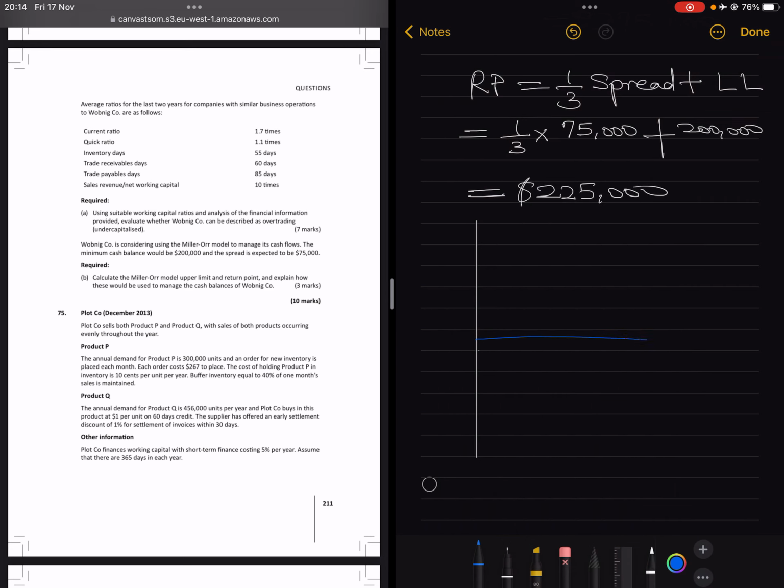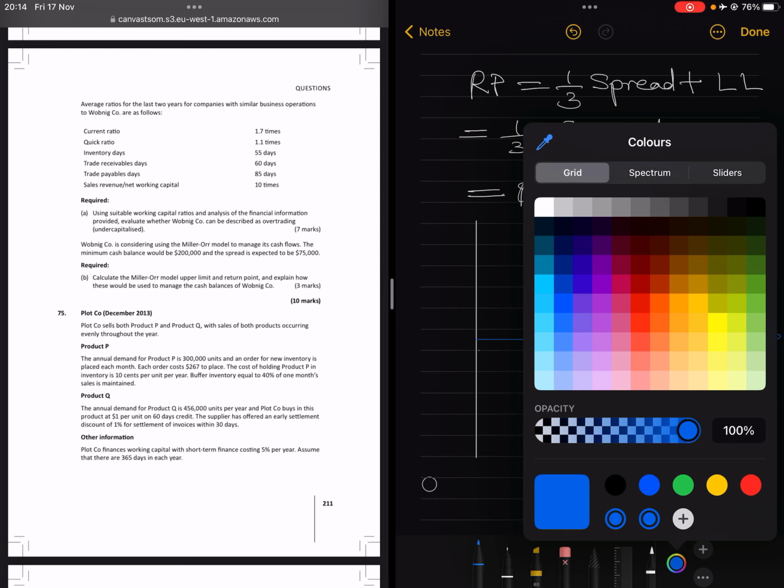So return point, we'll put it here. We said return point is 225. And the minimum level, let's use yellow for minimum level so it's clear as well.